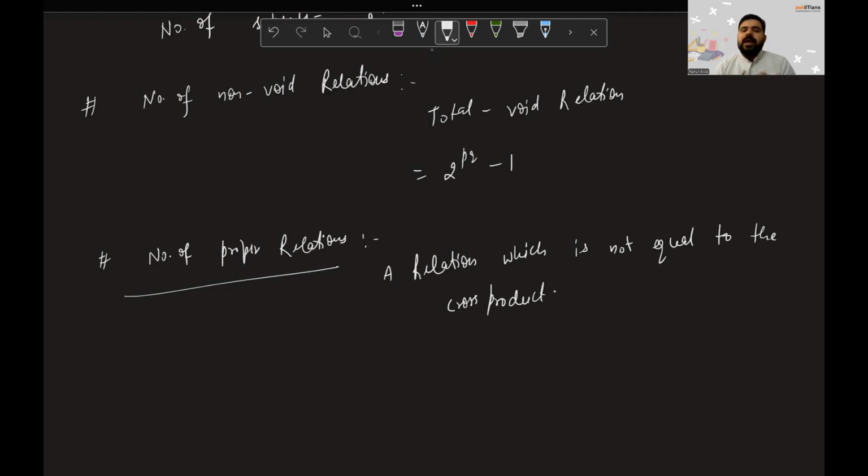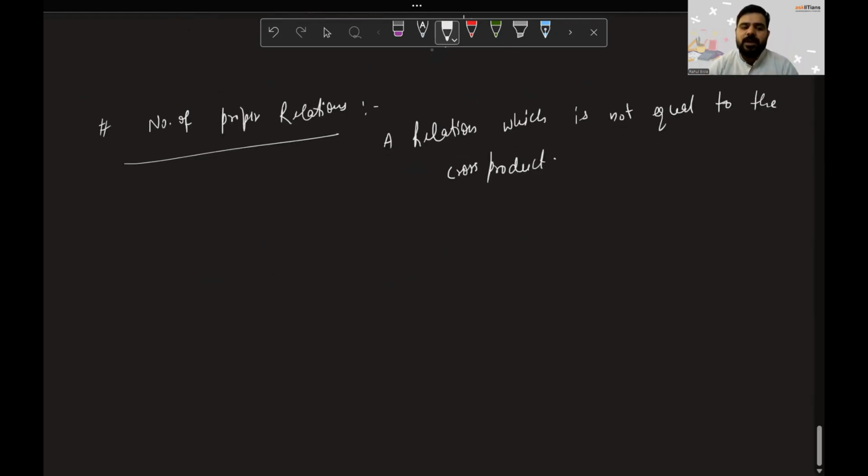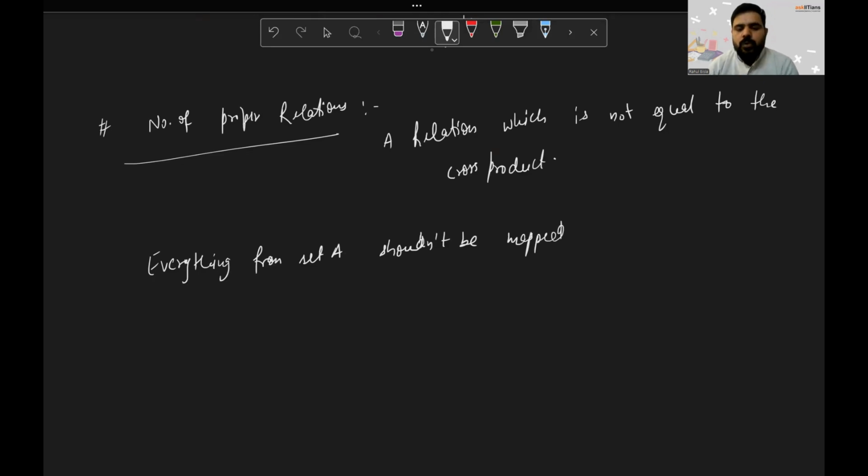What do I mean by that? Everything from set A shouldn't be mapped to everything of set B. In other words, we'll write this as everything from set A shouldn't be mapped to everything of set B.